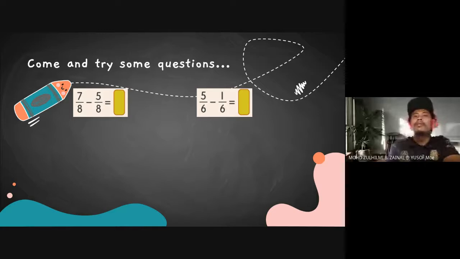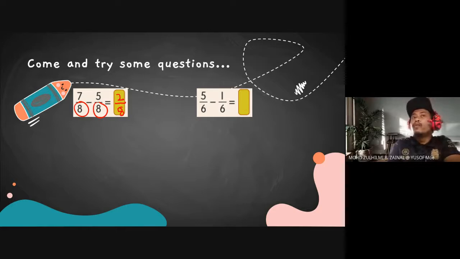Look, is it the same denominator? 8 and 8 are the same, right? Easy. If the denominator is the same, simply subtract the numerators. 7 minus 5 equals 2. The 8 stays as 8. So 2/8.